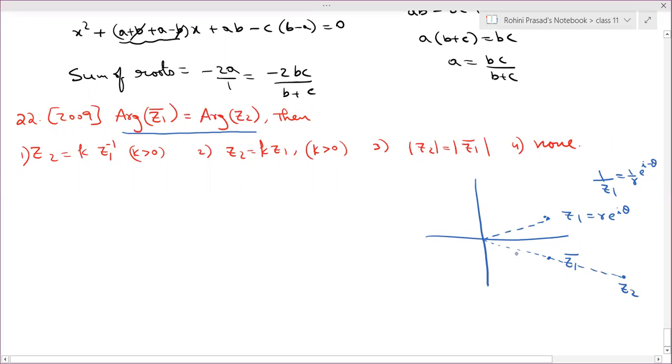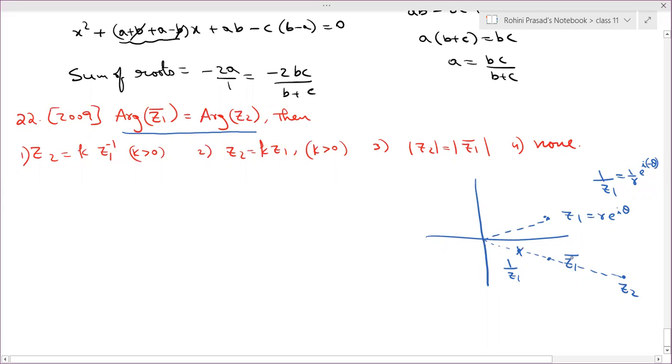The magnitude is not the same, because z1's magnitude is r, and 1 by z1's magnitude is 1 by r. The argument of 1 by z1 is minus theta, so it's the same as z1 bar. So 1 by z1 should be somewhere here, like this. So 1 by z1 and z1 bar will have the same argument.